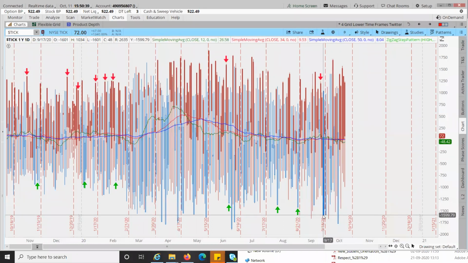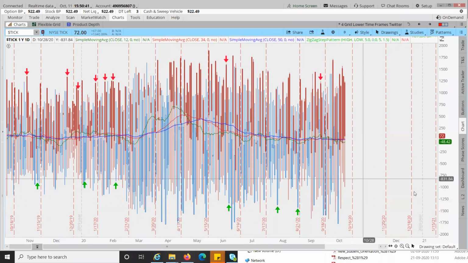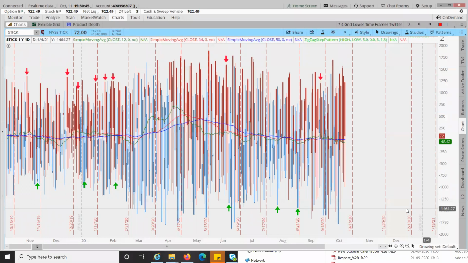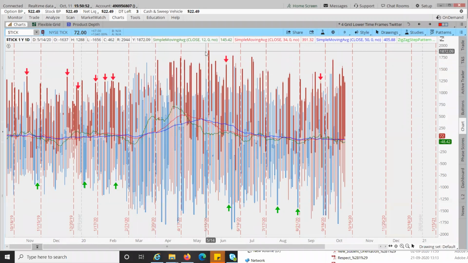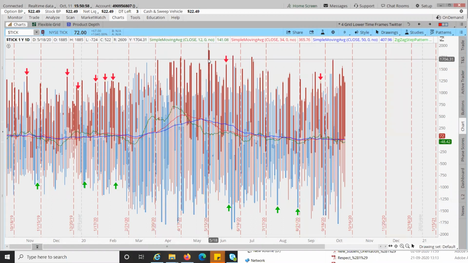Usually when there is a range of minus 1400 to 1500, that's the time when the market is going to bounce. And when the market reaches the 1500 range, you will see the market is going to come down. So this is primarily when you want to understand which direction the market is going or whether the market is strong or not. This is based on all the stocks.